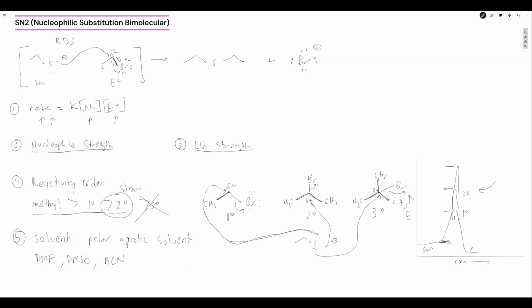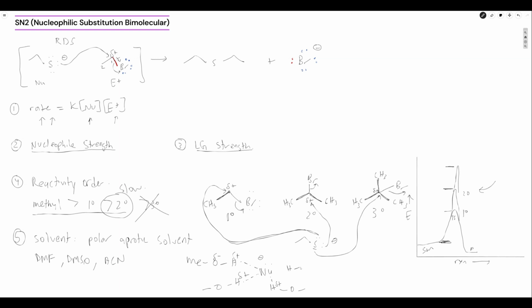So a protic solvent would be like methanol. It has a proton, which is attached to an electronegative atom. And what that means is, if you were to use a polar protic solvent for an SN2 reaction, what would happen? What would happen is you would get hydrogen bonding between your delta positive hydrogens and your nucleophile.